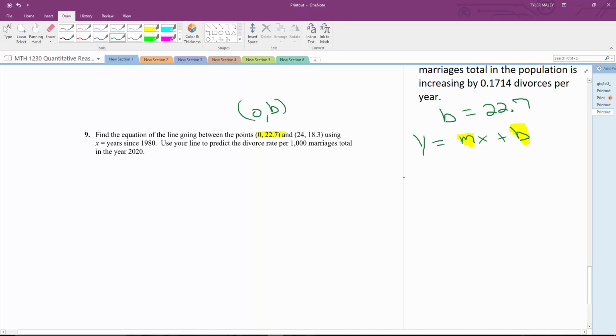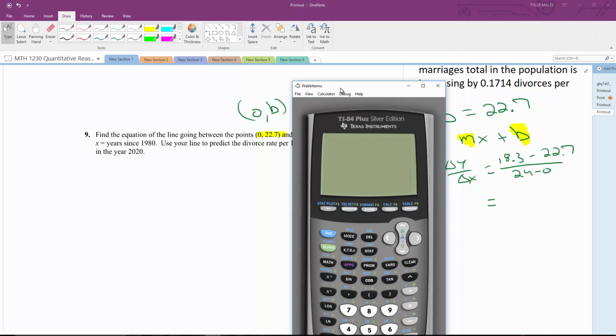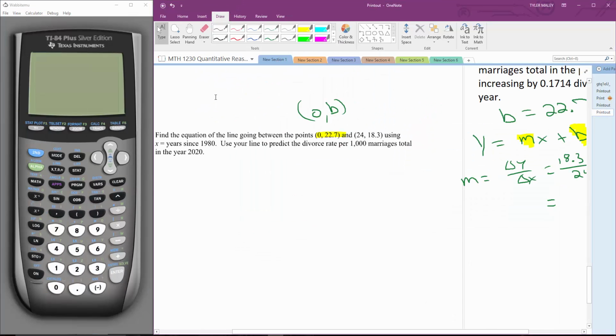But I do need to find slope, right? So slope is change in y over change in x, right? So we would have 18.3 minus 22.7 divided by 24 minus 0, right? So I'll grab my calculator up here.